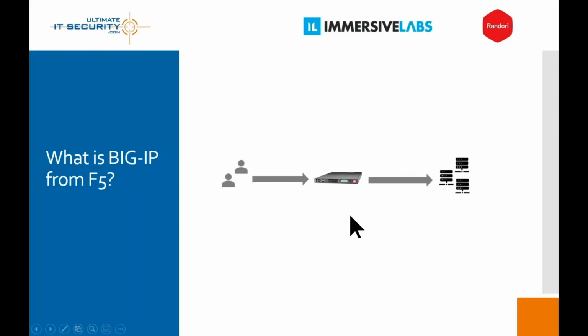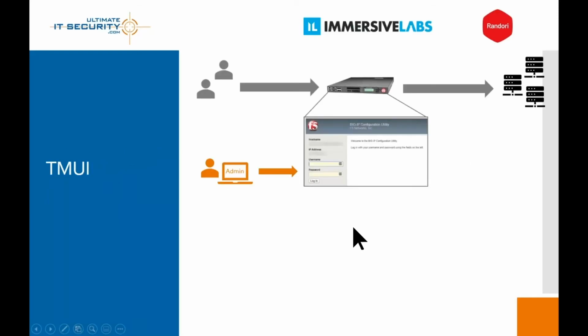And as with any IT product out there, it has an administrative plane. In this case, it's called the TMUI, the Traffic Manager User Interface. And so this is the logon screen to TMUI, where an admin logs on to manage the appliance.